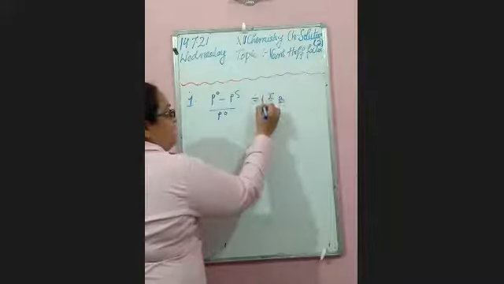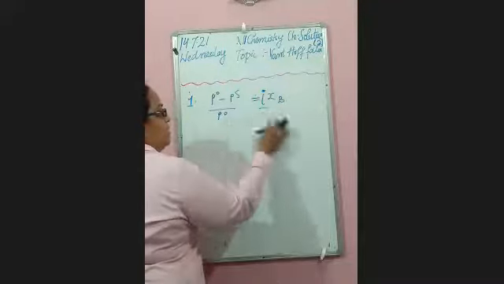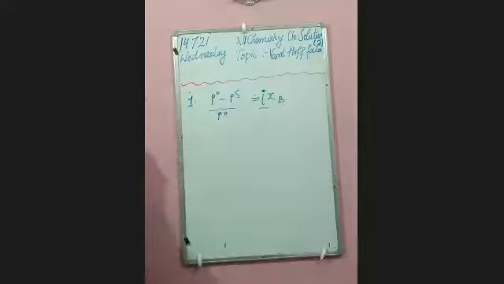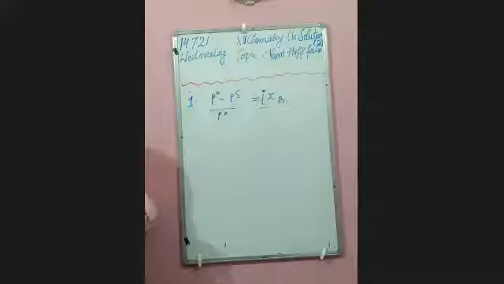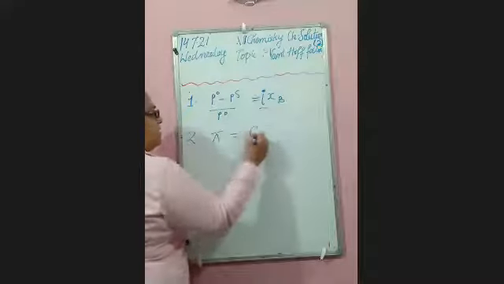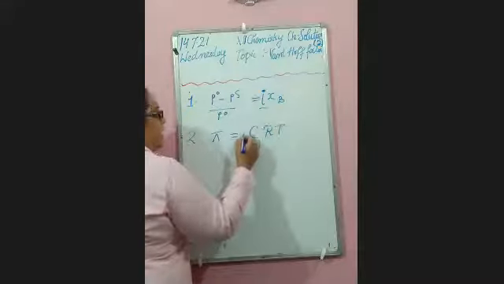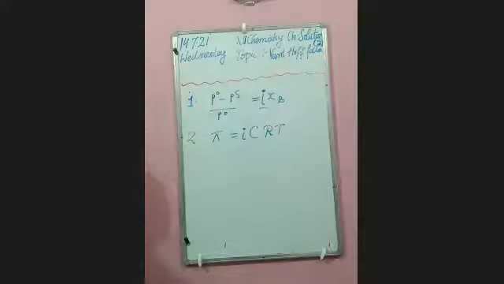If I introduce the Van't Hoff factor here, then these two quantities become equal. Otherwise, this property will not give the exact value. Second is osmotic pressure. Pi is equal to iCRT. Here, Van't Hoff factor should be introduced.